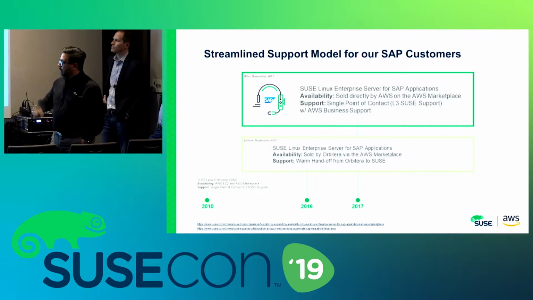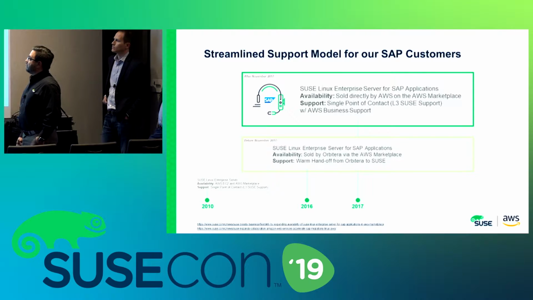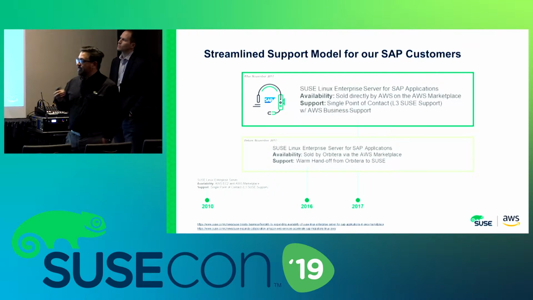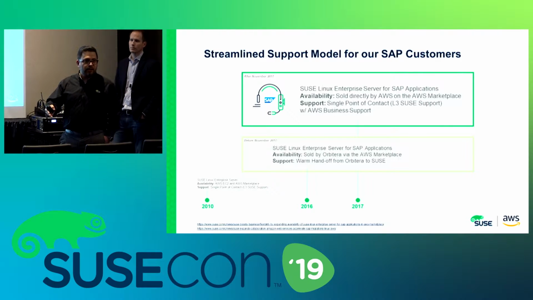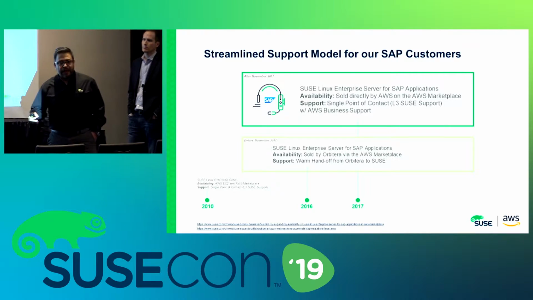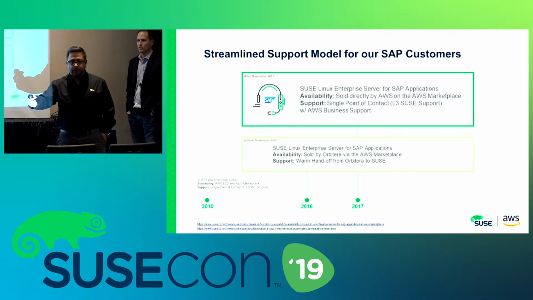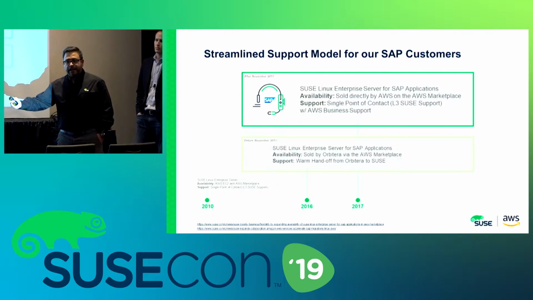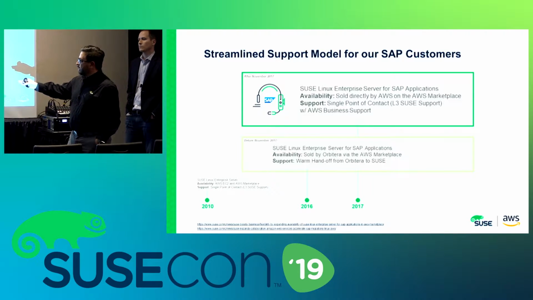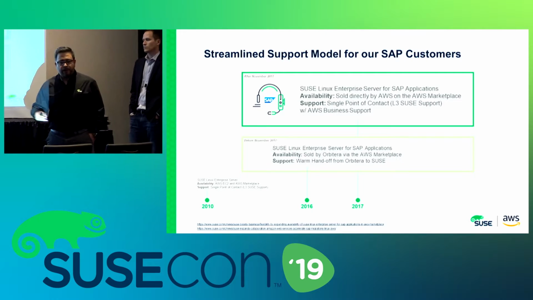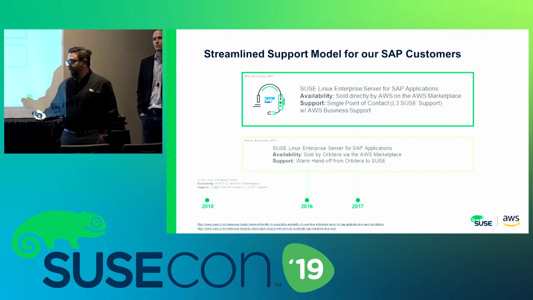We've also, in late 2017, streamlined the support model for our SAP customers. As I said, we launched SLES in 2010, and AWS was a seller of record. So if you were running SLES and contacted AWS, you would engage with their support team and they could offer support. When we first introduced SLES for SAP in the marketplace in 2016, we used a company called Orbitera, which was a reseller.